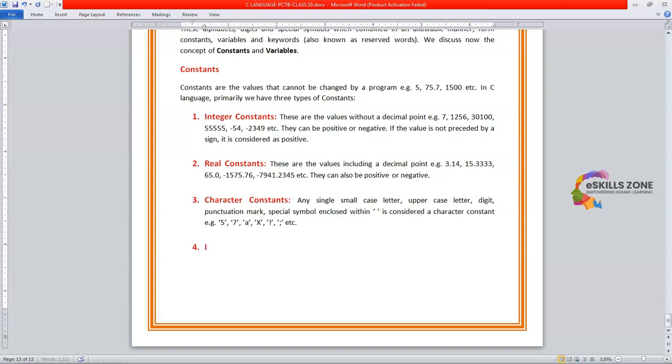So I'm going to type an important tip, which is very important to note about the character constant.